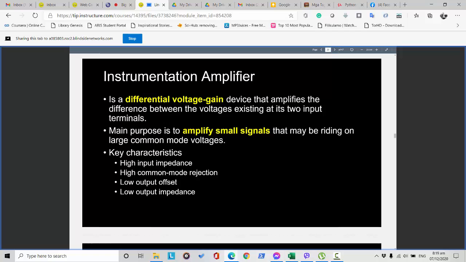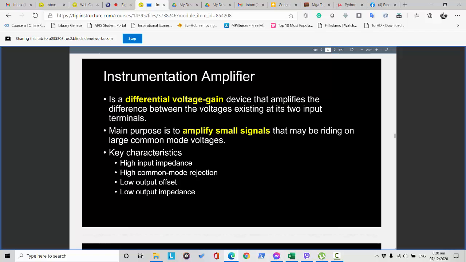Now another term that you will encounter is what we call the instrumentation amplifier. This instrumentation amplifier is a differential voltage gain device that amplifies the difference between the voltages existing at its two input terminals.